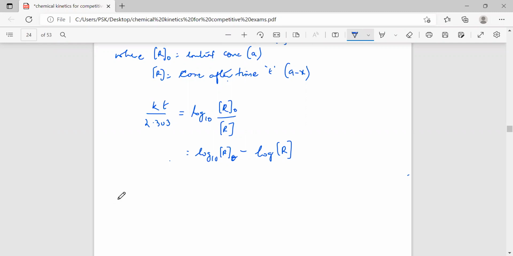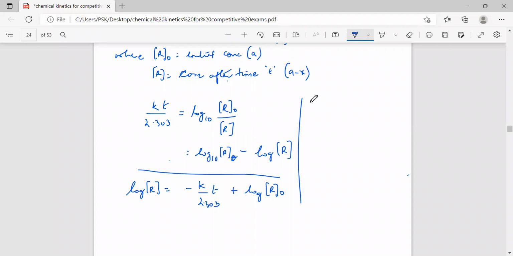Now this log R will be minus kt by 2.303 plus log R naught. If you take this to the left side, you get a minus sign. Now, should I do that step? Okay, I'll do that step.